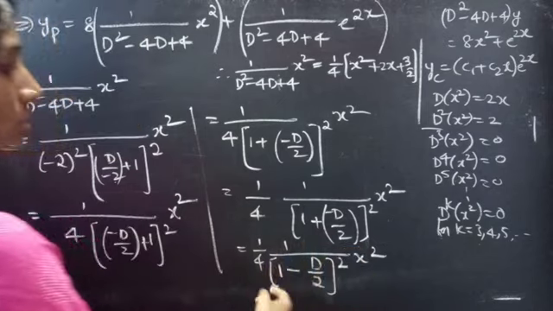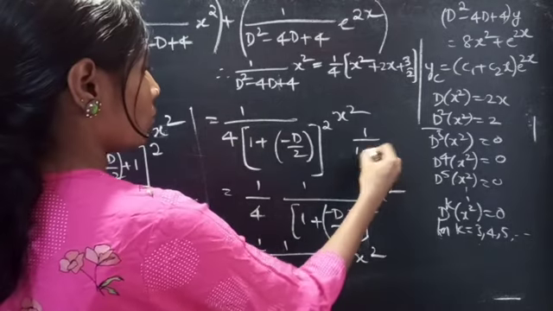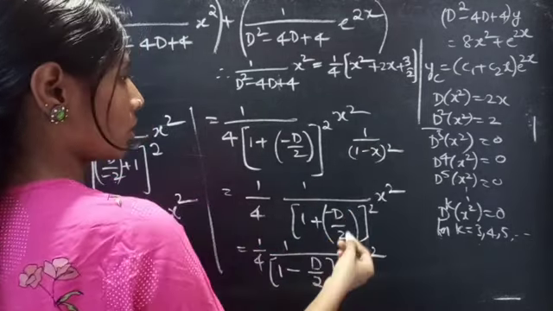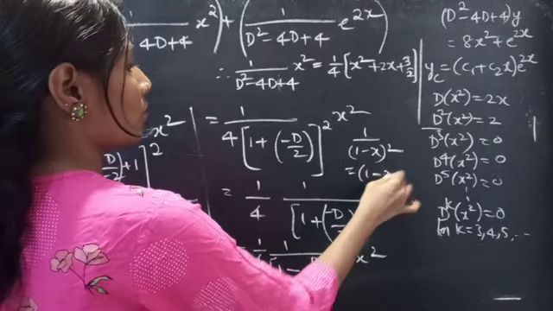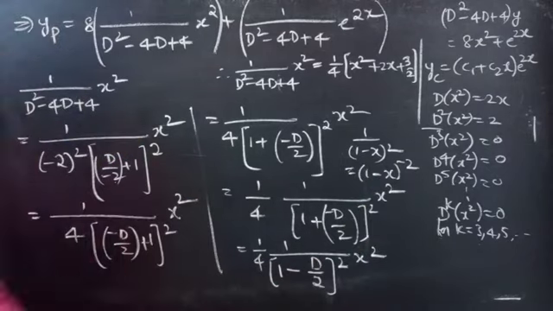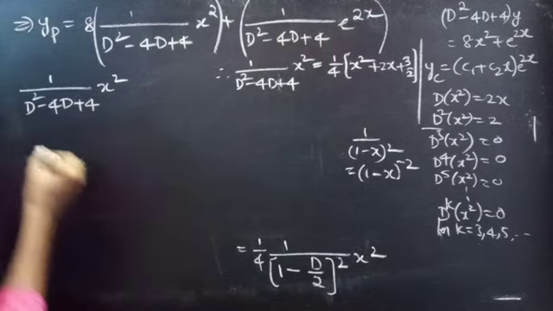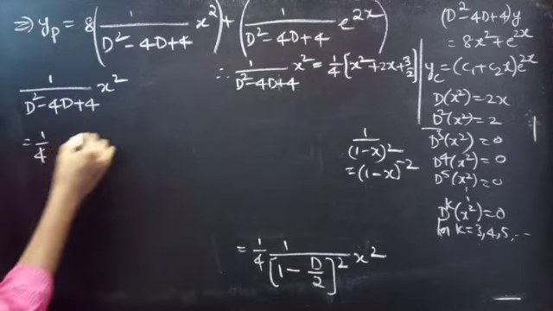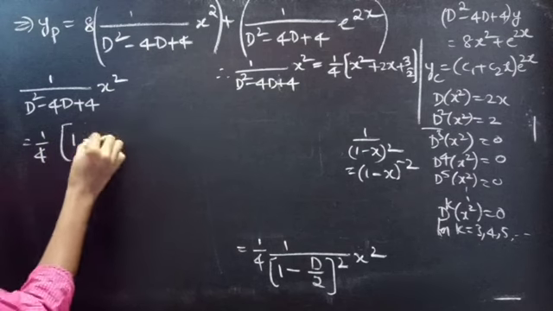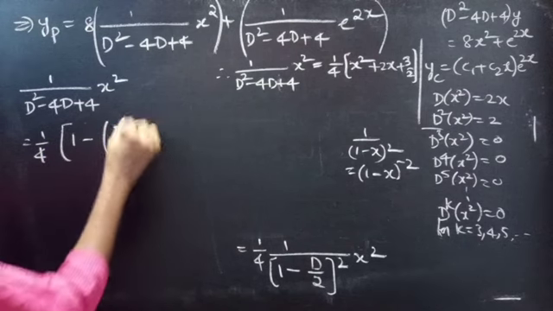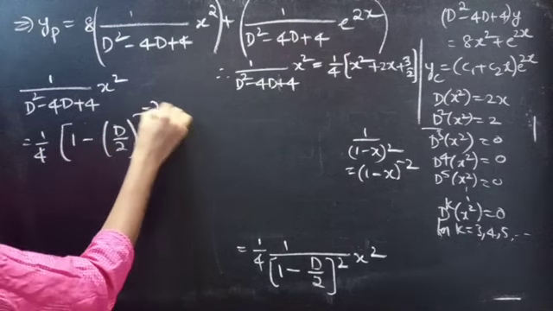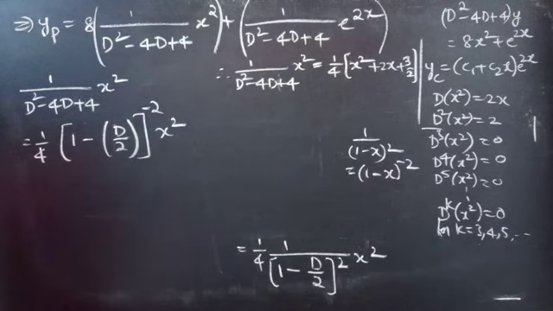Now this fraction is of 1 by 1 minus x whole square form, and we can write it as 1 minus x power minus 2. Now this becomes 1 by 4 into 1 minus d by 2 whole power minus 2 into x square.